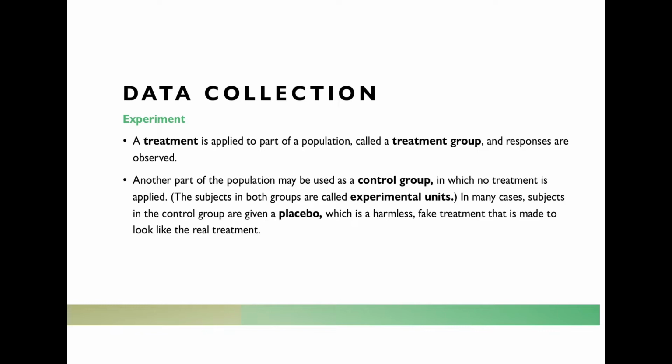In an experiment, we're trying to create data that did not exist before. This could be a testing of a new drug or vaccine for a population. So in an experiment, we are actively interfering. We are actively giving a treatment. Usually there's one specific thing that we're trying to apply to our population.